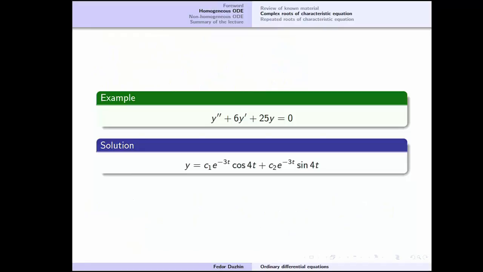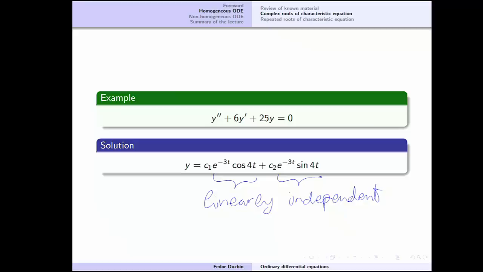And therefore, what we got is that the general solution can be constructed as the linear combination of these two solutions, which are linearly independent, because of what we just discussed.